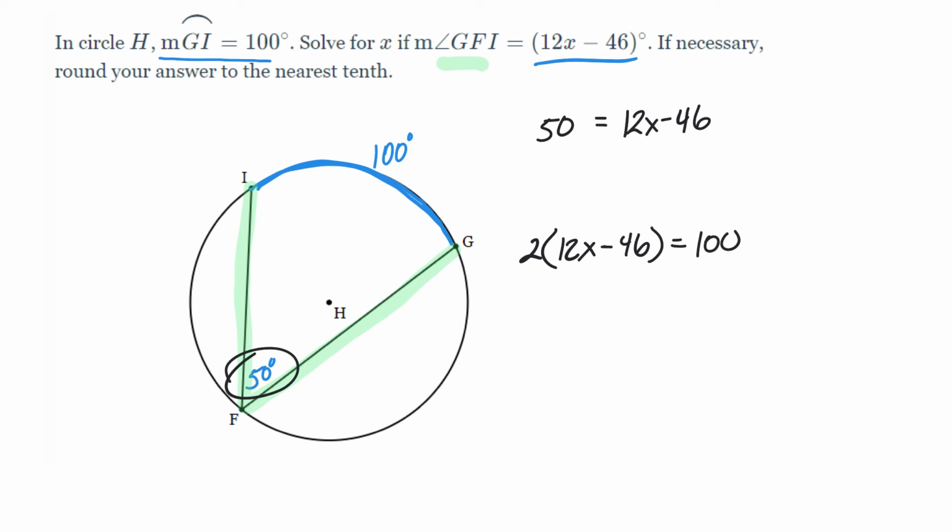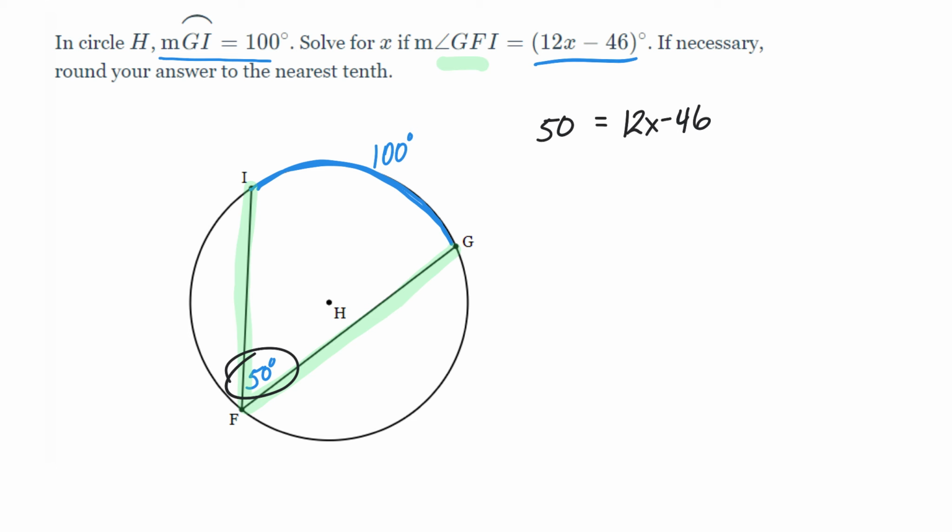But again, this is one of those processes where it would not be wise to distribute the 2 when you could actually divide by 2 and save yourself some time, working with much easier numbers. So there's a couple of processes that you can use to do this, but we're going to go ahead and do the one that we have right in front of us.